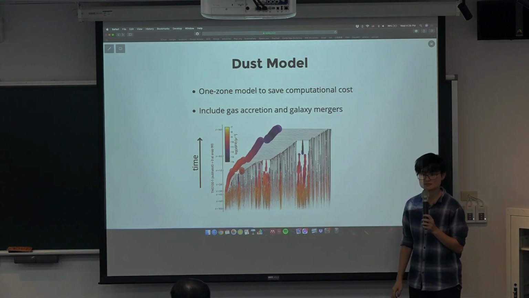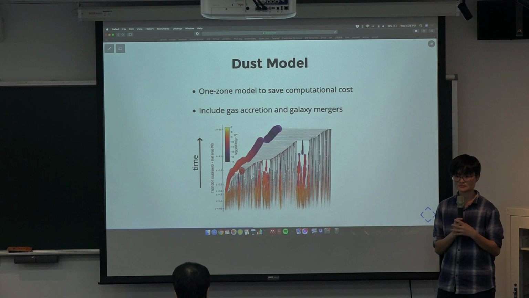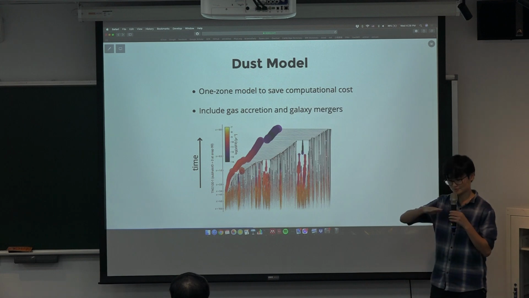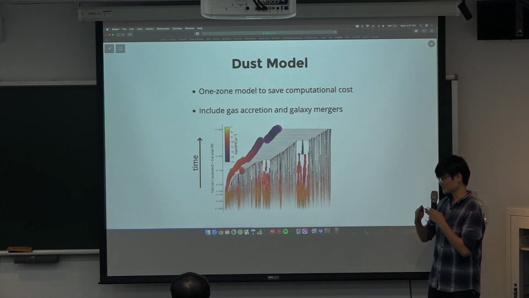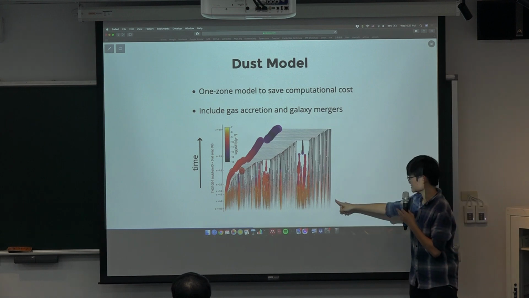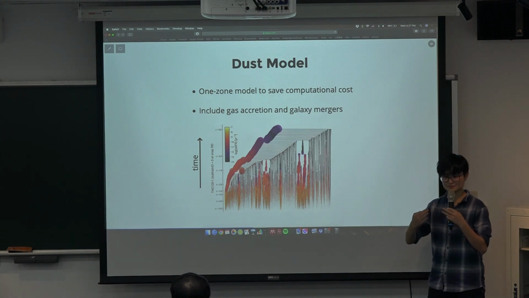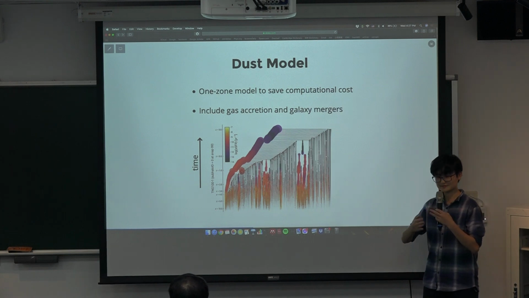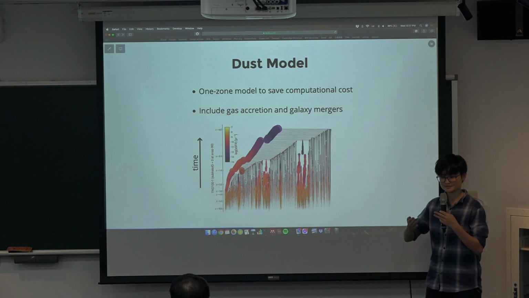A follow-up question: what do you use for the initial condition for the dust grain size? Initially, I assume an empty space, because at the beginning there is no dust present, so most of the dust processes do not happen.